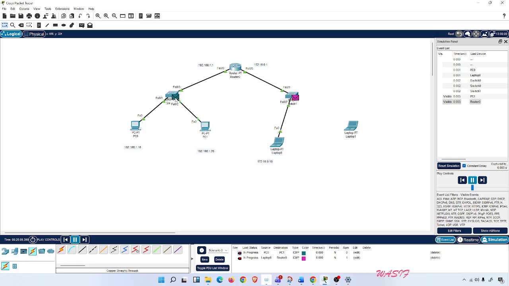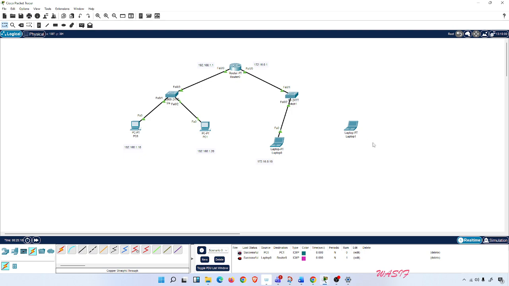You will see here success. You see here success. Okay, so this is successful. The packet reached here and it came back here. Now let's delete everything. Okay.